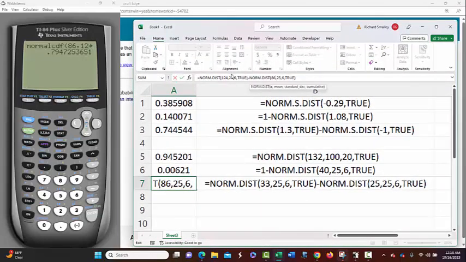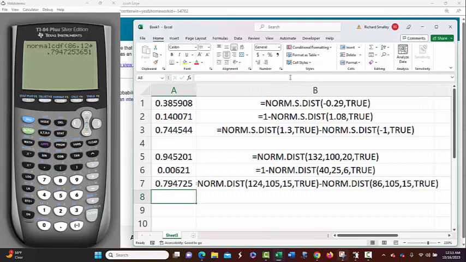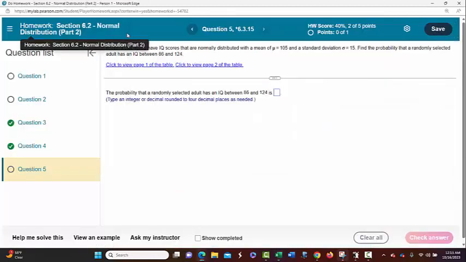Okay. So I put 105 and 15 into these two spots. And we'll do it for the other one. 0.7947 for both answers. I like it.